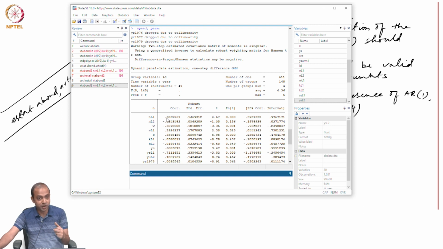So, that means in my difference GMM you see the coefficient is not lying exactly within the interval as I have specified. Anyway, for the time being, let us see what I have installed here.